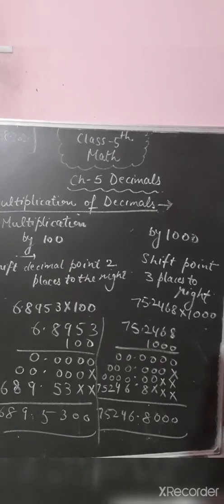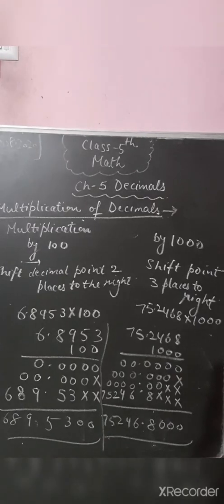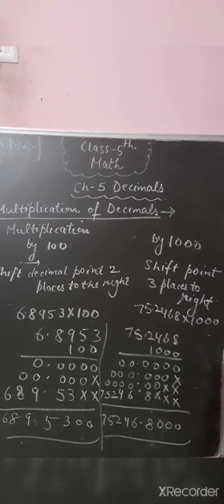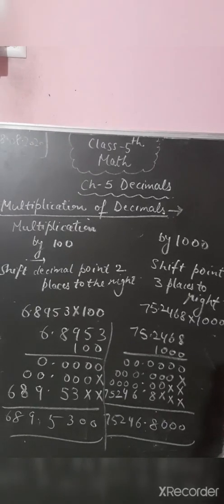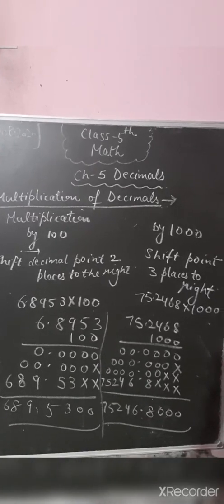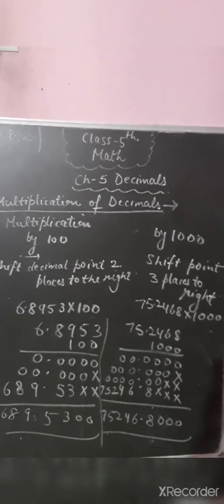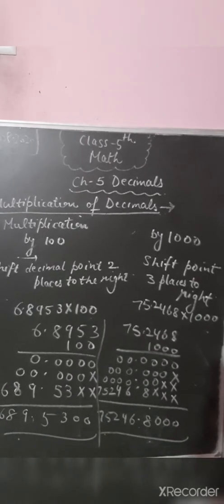So the answer you will get is 689.5300. Dear students, you can write your answer as 689.53 also, because I had told you earlier that if there is 0 at the end after the decimal point, then it has no value.